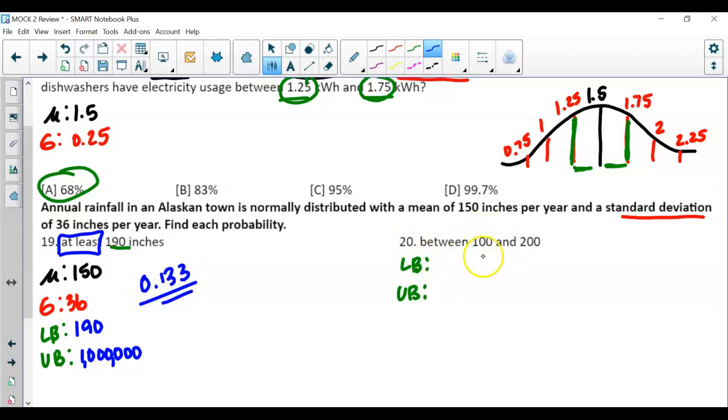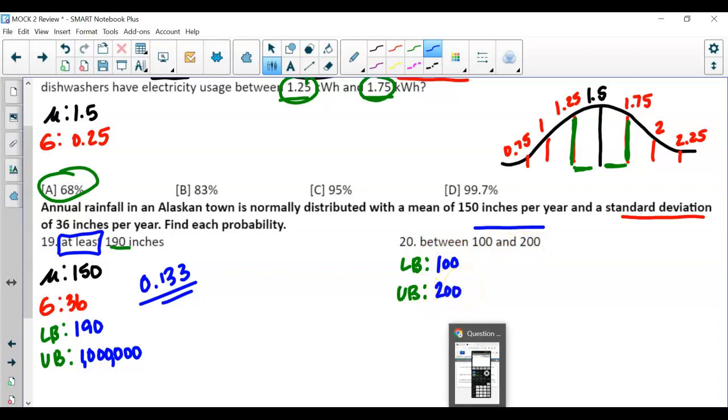So again, because this was not on the curve, right? We showed that before. We're going to use the same mean and standard deviation, but let's identify our lower and upper bound. Well, now notice this is between 100 and 200. So we are given our lower and upper bound. Lower bound, 100, upper bound, 200. So here we go.